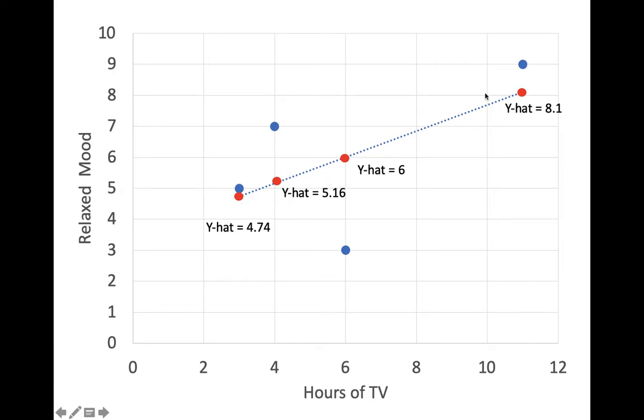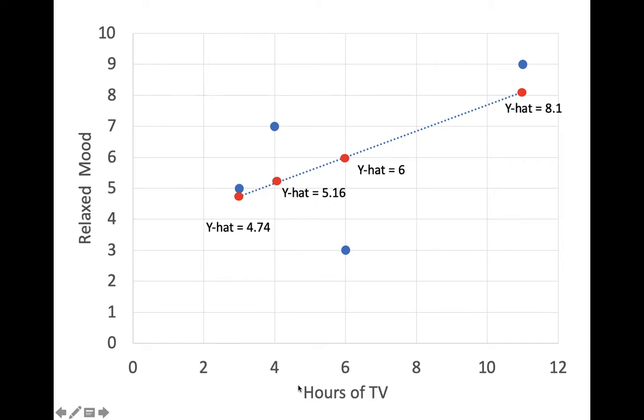Okay, but our regression equation that we will use kind of as like a generalization to predict to future people says, based on this correlation of data that generates our regression equation, which is just a straight line model, our predicted value for relaxed mood when hours of TV is 3 is 4.74. Okay, predicted relaxed mood, our y hat, is 4.74 when hours of TV is 3.